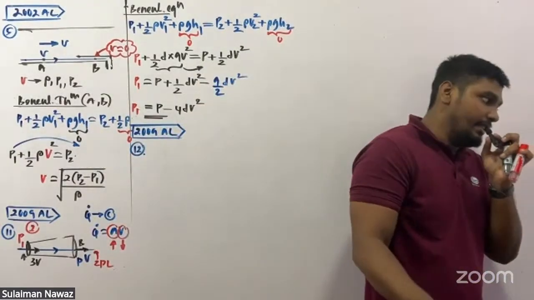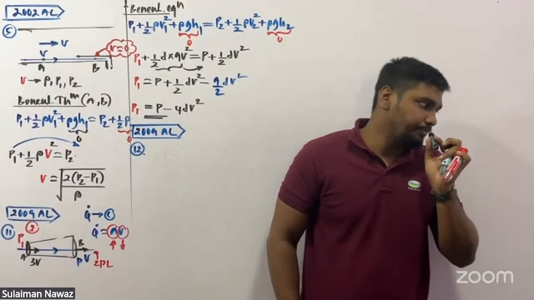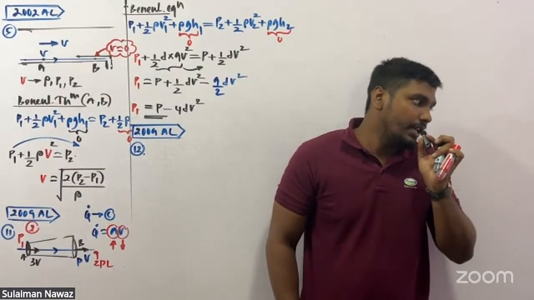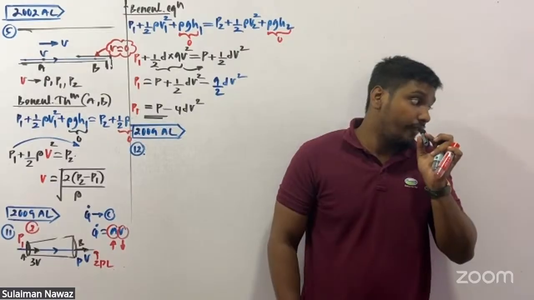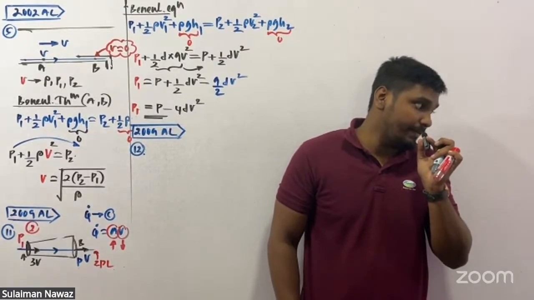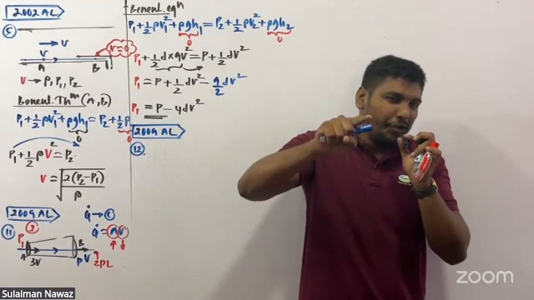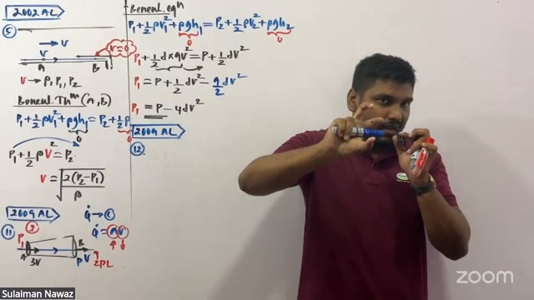A non-viscous incompressible fluid steadily flows through the pipe shown in the figure. The variation of the flow speed v of the fluid along the tube from A to F is best represented by which graph? I'm not going to draw that diagram, but I will summarize.